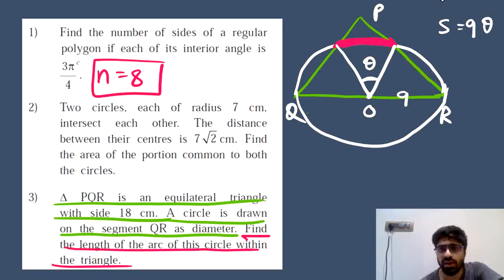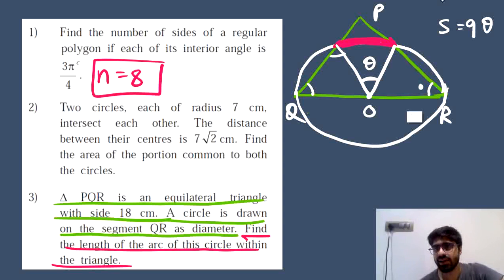So we know that this is an equilateral triangle, which means this and this, both of them would be equal to 60 degrees. This and this represent the radius of the same circle. So this angle and this angle will be equal. In a similar way, this and this also represent the radius of the same circle.